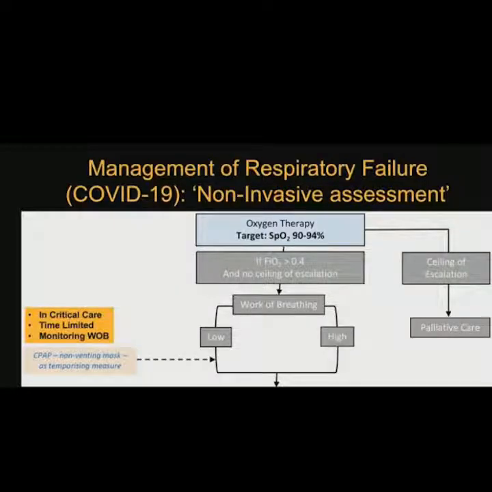So initially, when patients present, they're either hypoxemic, and we mentioned earlier what you would do in those cases. But for these patients, they might be requiring an FiO2 of greater than 40%, and there obviously is a ceiling for escalation. If patients have an FiO2 that's already maxed out, their ceiling of escalation is at the highest, and at that point, palliative care might be the best option for them, unfortunately.